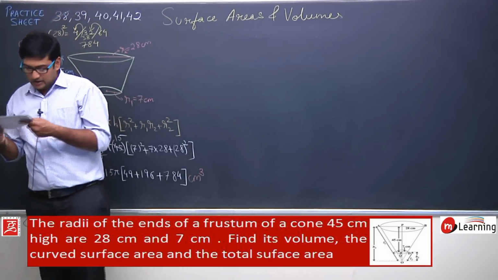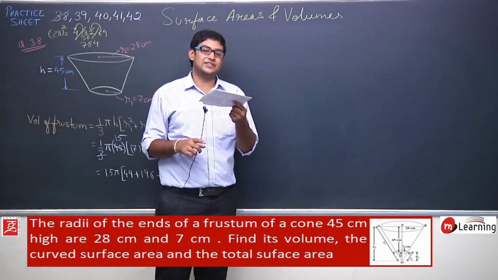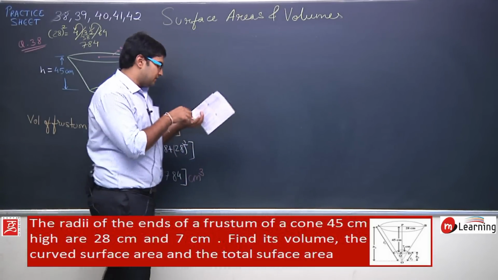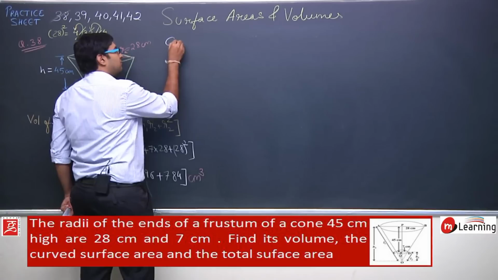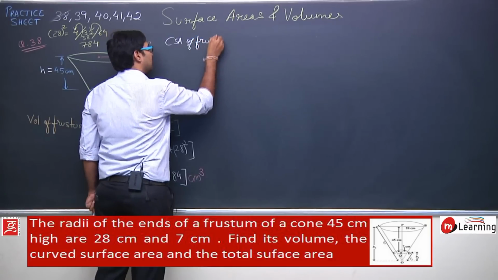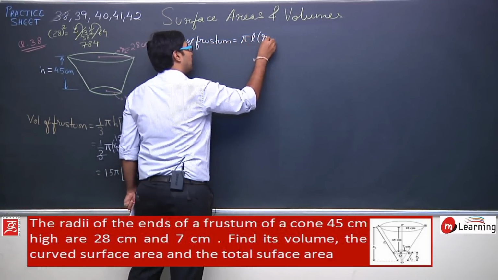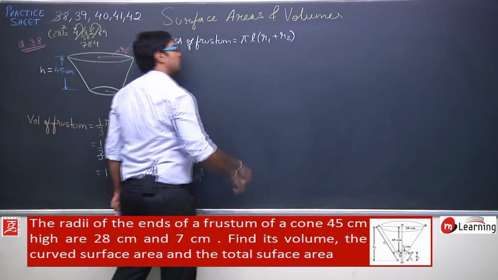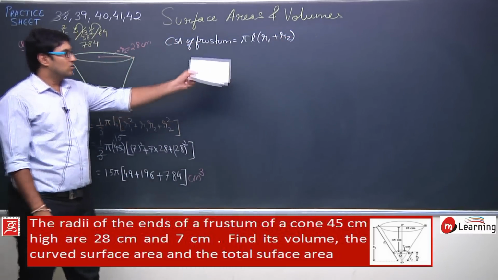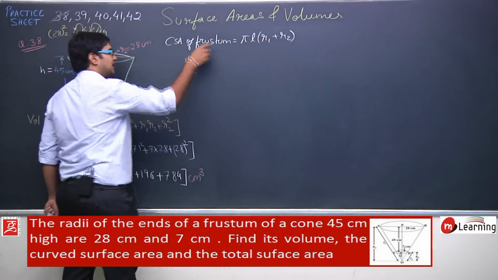We need to determine the curved surface area and the total surface area as well. The curved surface area of a frustum is pi L times r1 plus r2. Now, to calculate this L, what is the value of L?